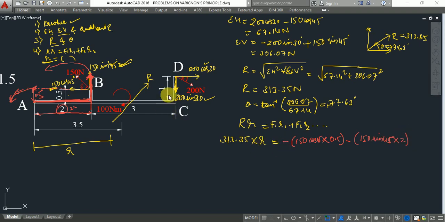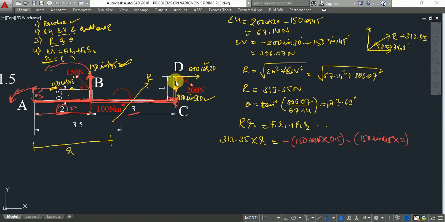Next, let us come to this force. This force is acting in a downward direction. If I extend it here, this is the perpendicular distance from the chosen point. From here, this is the perpendicular distance, 2 meter plus 3 meter, 5 meter.